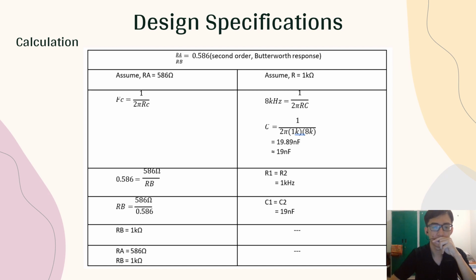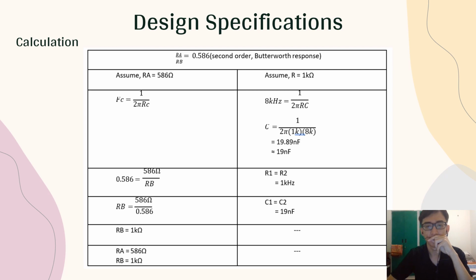So 0.586 is equal to 586 ohm over Rb, and then Rb is equal to 586 ohm over 0.586, so Rb equals 1 kilo ohm. So we get Ra is 586 ohm, Rb is 1 kilo ohm. And then assume R is 1 kilo ohm.